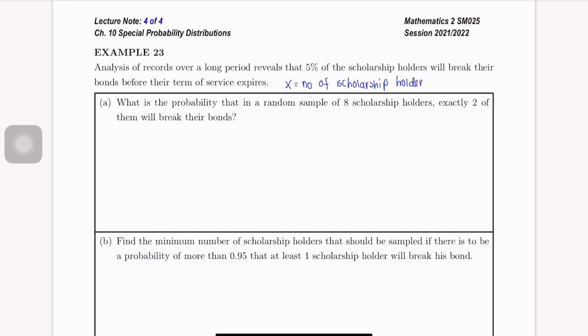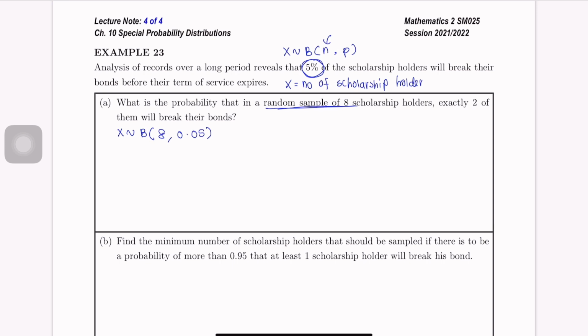Now x is binomially distributed with n. Remember, if we want to use binomial, we need to have n and p. So the number of trials, or the number of sample, which is 8. We have a random sample of 8, so n is 8, and the probability is 0.05, the number of scholarship holders that will break their bonds.